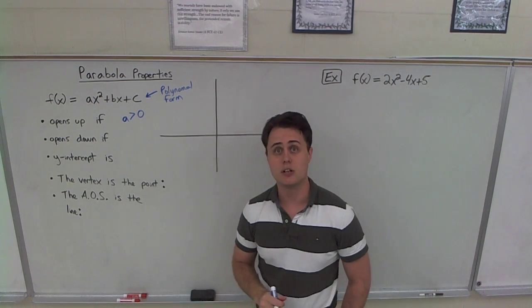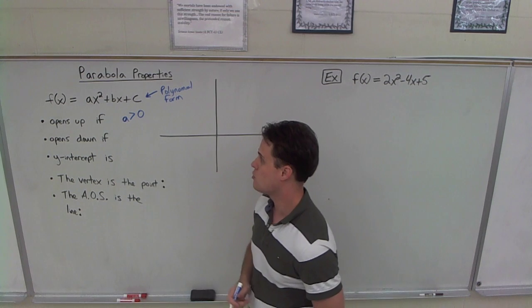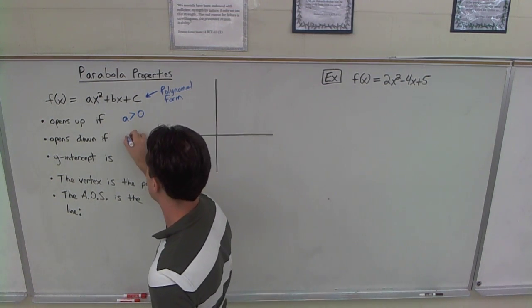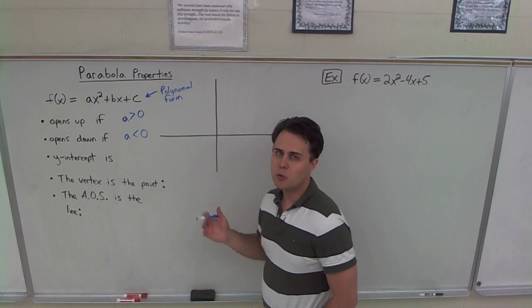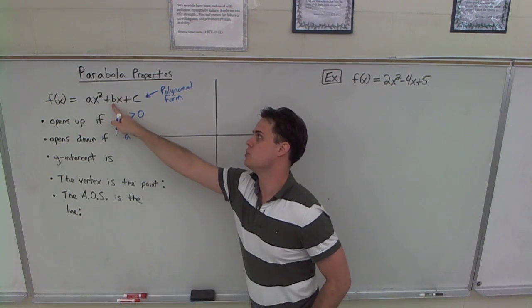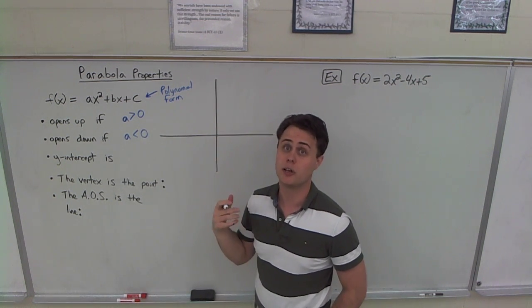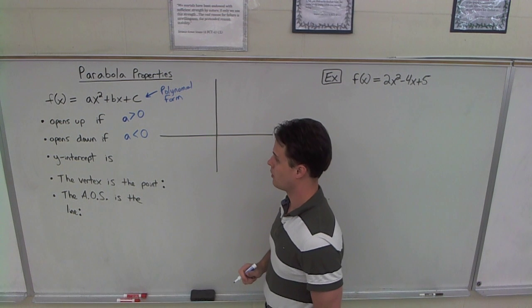That's how you write that with an inequality. If it opens downward, it's going to be the opposite. That a coefficient would have to be negative for it to open downward. Why don't I have equals 0? If a equals 0, then it'd just be bx plus c, which is like mx plus b, which is a line. That wouldn't be a parabola.